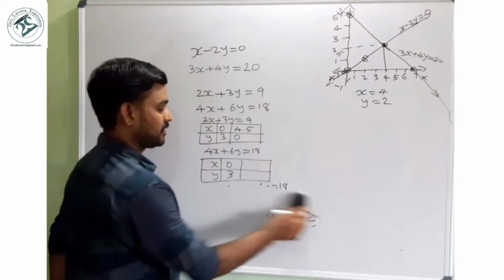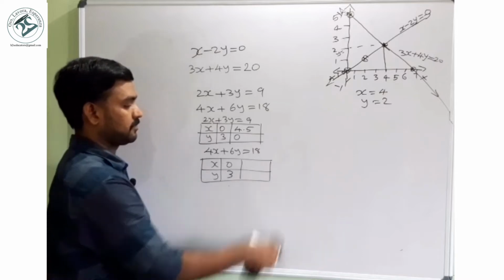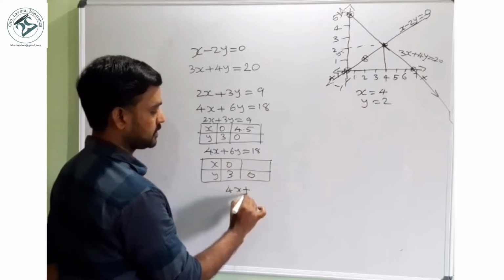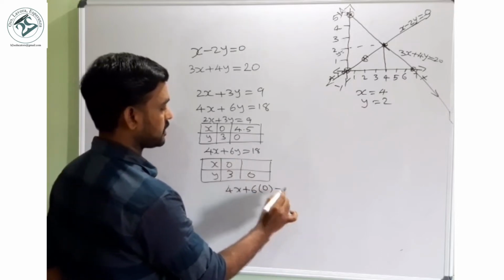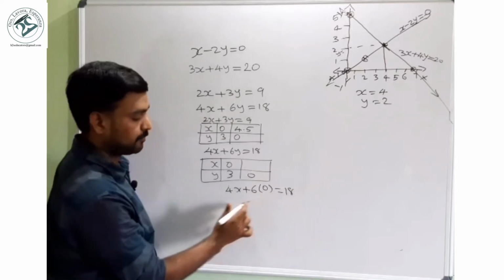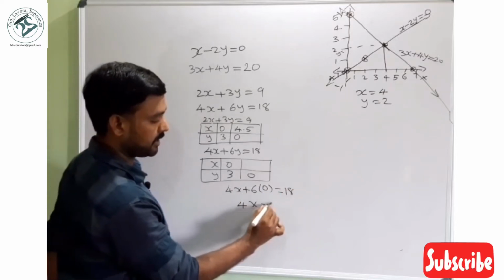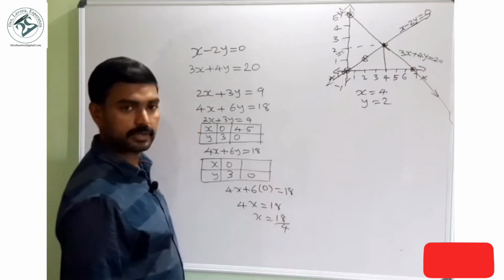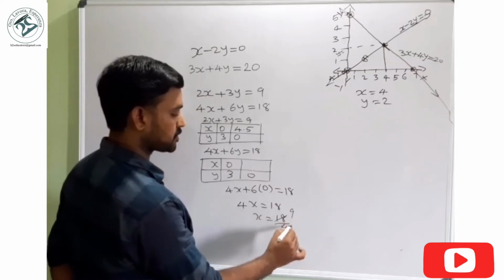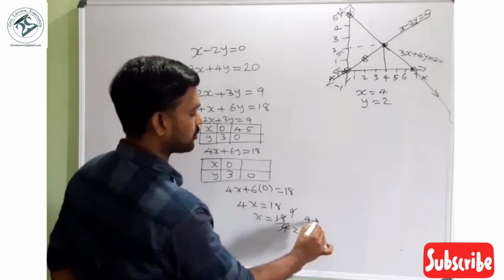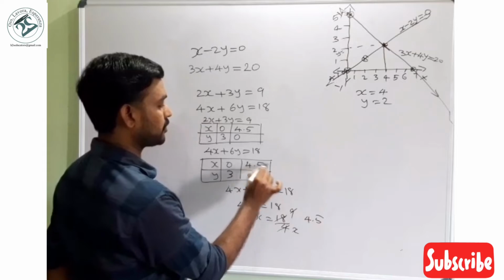Now if y is equal to 0, what will be the x value? 4x plus 6 into 0 is equal to 18, and 6 into 0 is 0. So 4x is equal to 18. So x is equal to 18 by 4. We can cancel with 2: here 9 twos are 18, here 2 twos are 4. Here 9 by 2 means 4.5. So here the answer is 4.5.